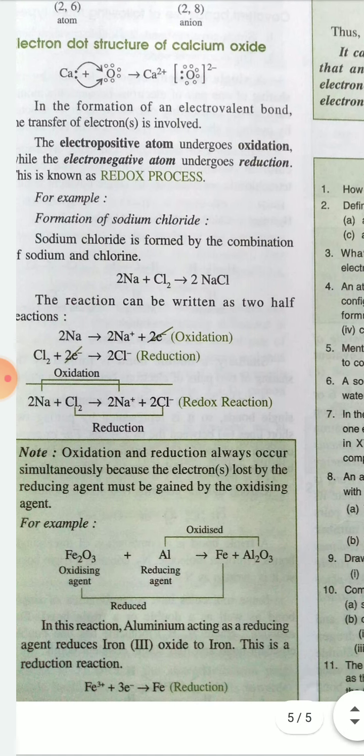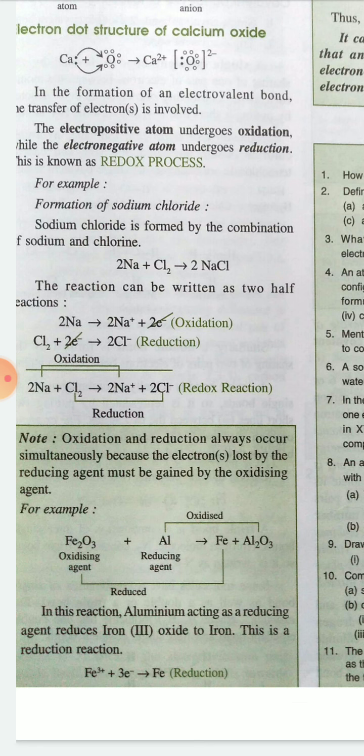Here one example is given: 2Na plus Cl2 to form 2NaCl. The two steps of this reaction are: first, each sodium releases one electron, so two sodium atoms lose 2 electrons, and each chlorine atom will accept one electron. In Cl2, there are two chlorine atoms, so each chlorine atom accepts one electron.